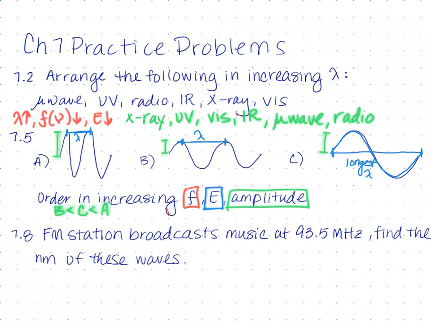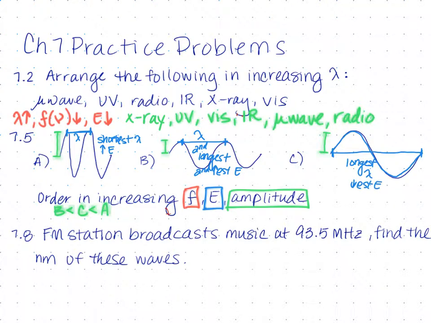This is probably my second longest. And I would say this is my shortest. So this means this is my highest energy, this is my second highest energy, and this is my lowest energy.